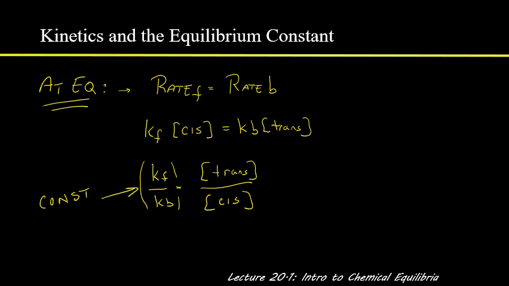So if the left side of this equation is constant, then this must also be constant. Okay. And this ratio of the trans isomer to the cis isomer, which is constant, that's what we define as the equilibrium constant.